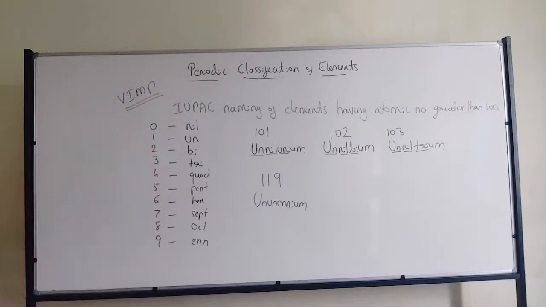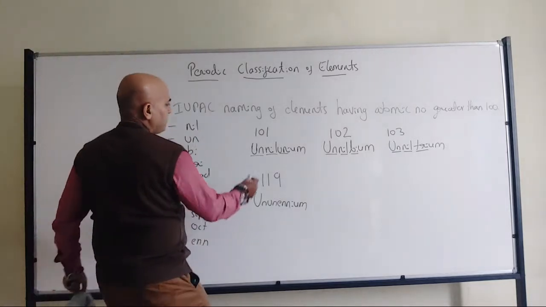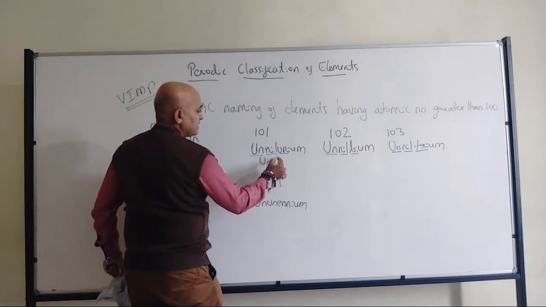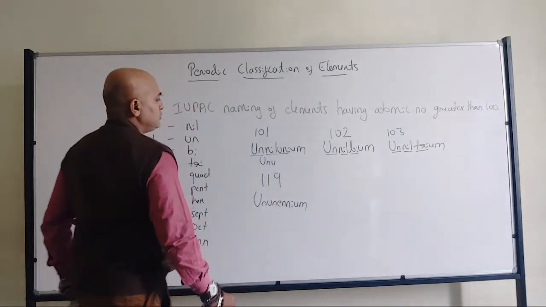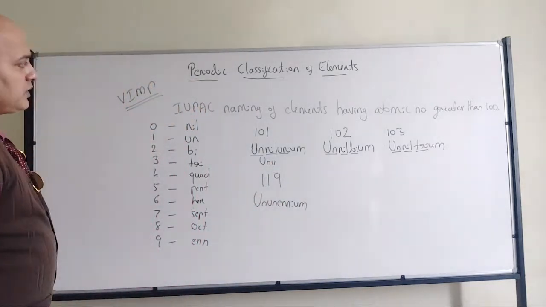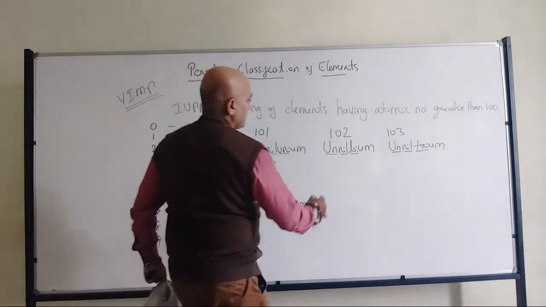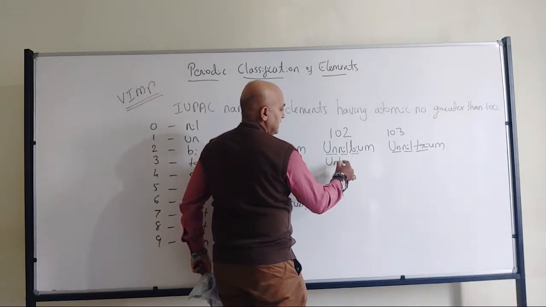Any doubts in this? Even in your periodic table, you can see some of the elements. For example, N capital, then nil, then N, then onium, right? Unu, short form. Unu, we can write. Okay. So here, N, then nil, then bi.